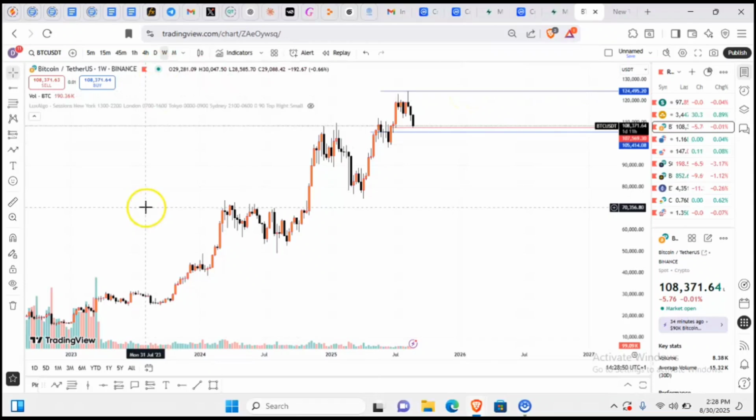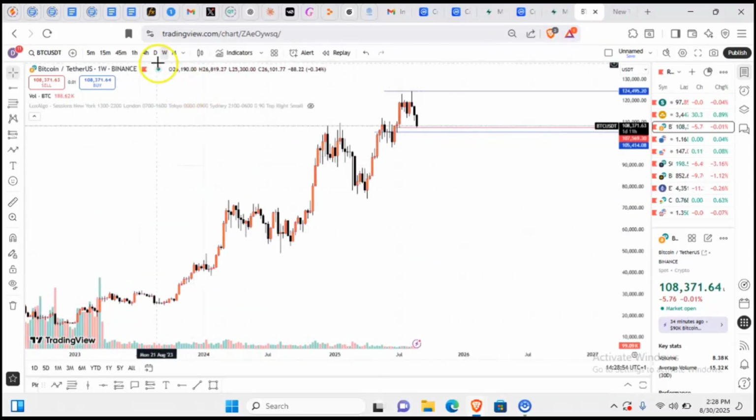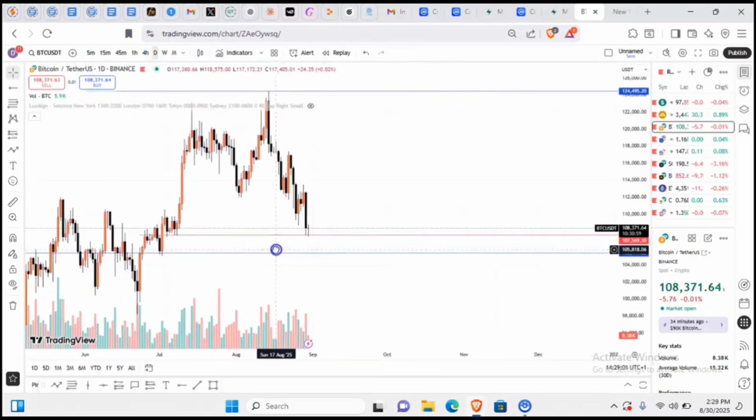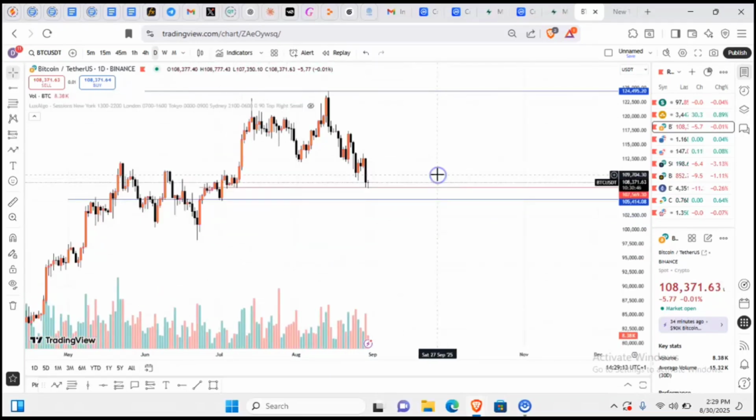Okay, so as a day trader, the next thing I want to look at is to scale down to the daily time frame. I'm going to click on the daily, and you can see clearly that price is reacting on the equal low, which we picked from the weekly time frame. Good, makes a lot of sense.